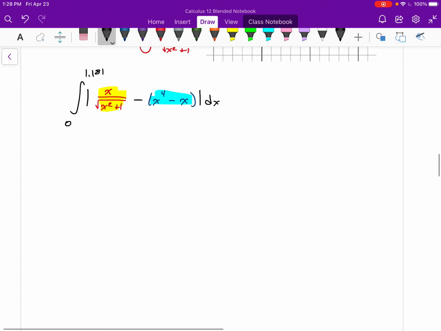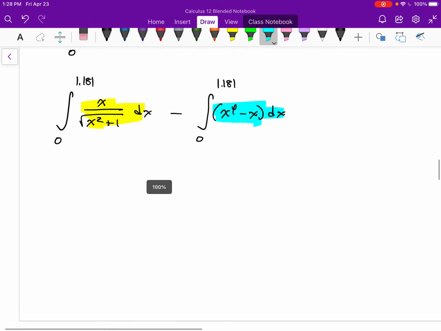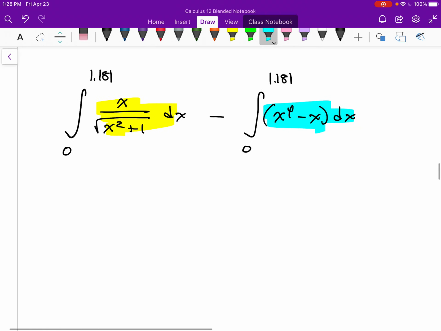So I'm going to break this up into the integral from 0 to 1.181 of just this, minus this integral. The integral on the right I can integrate really, really quickly. The one on the left will require using substitution. And so I'm focusing on what's highlighted in yellow here.